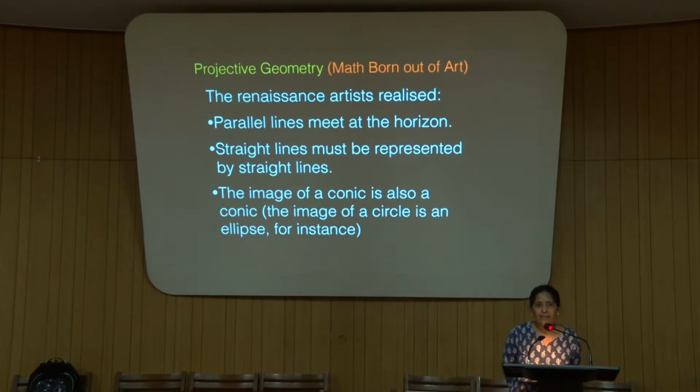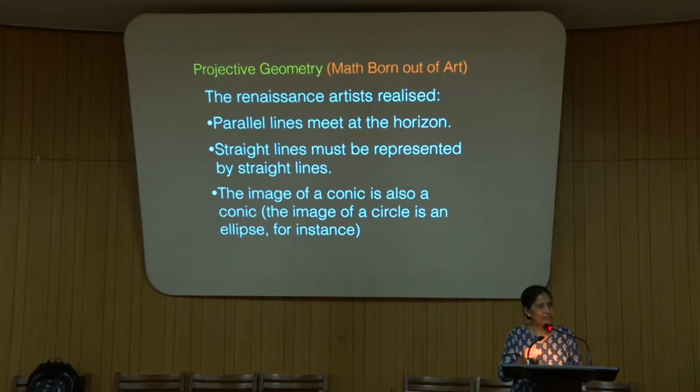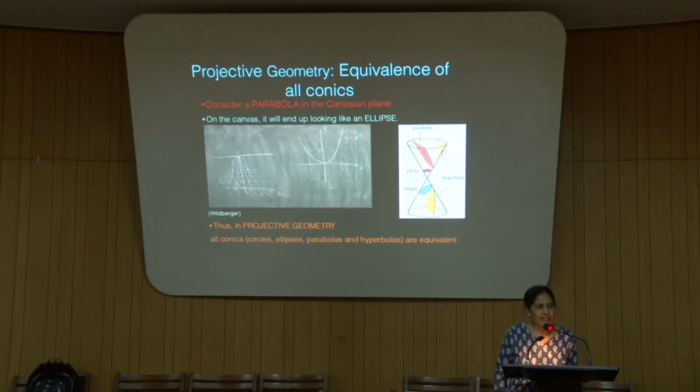Now, projective geometry, as I said, is math born out of art. So the Renaissance artists realized that parallel lines meet at the horizon, as we have discussed already. Straight lines must be represented by straight lines. Okay? And the image of a conic is also another conic. So, for example, the image of a circle, when mapped onto the projective plane, can become an ellipse, for instance. But it will remain within the conics. So, projective geometry thus sets an equivalence between all conics.